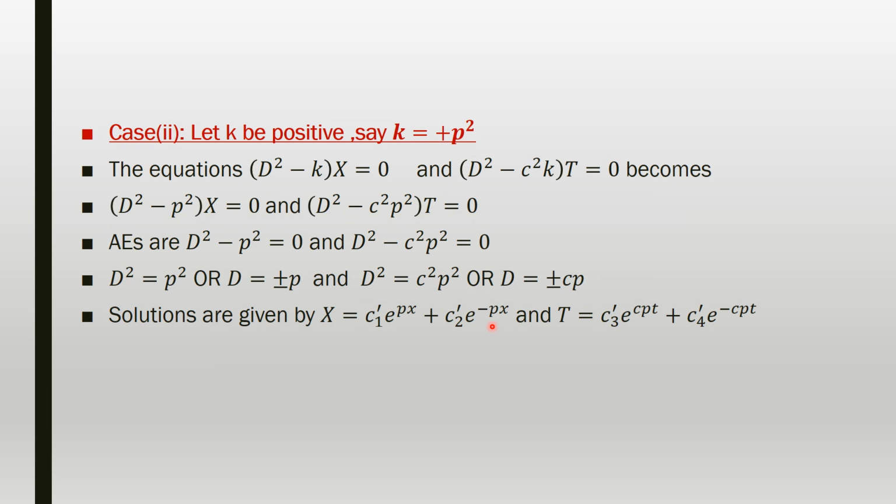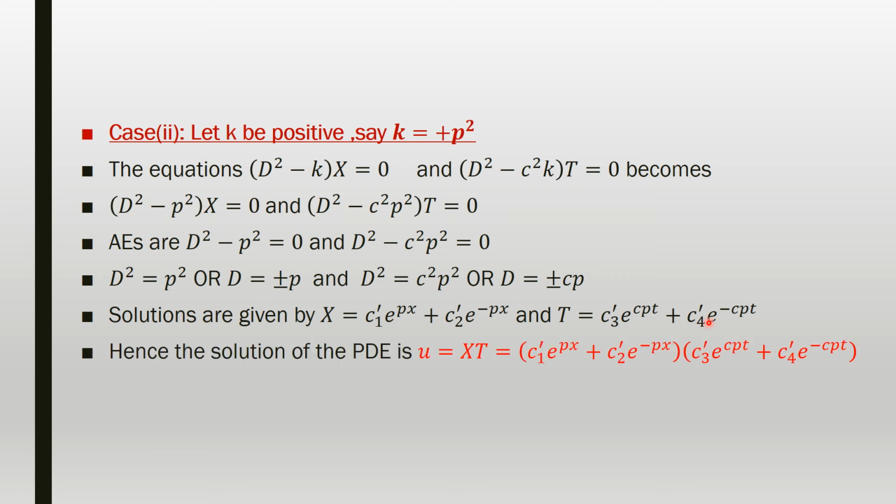And for the second solution, that is D equal to plus or minus cp, the roots are plus cp and minus cp. So t equal to c3 dash into e power cpt, here the variable is t, plus c4 dash into e power minus cpt.